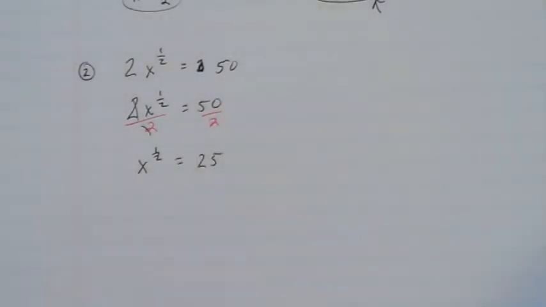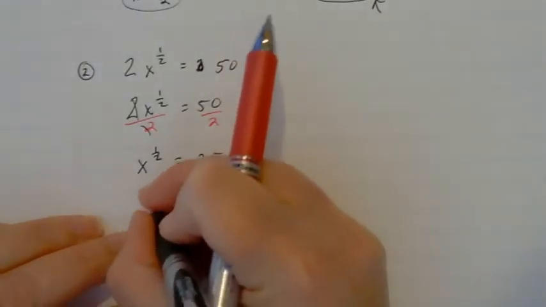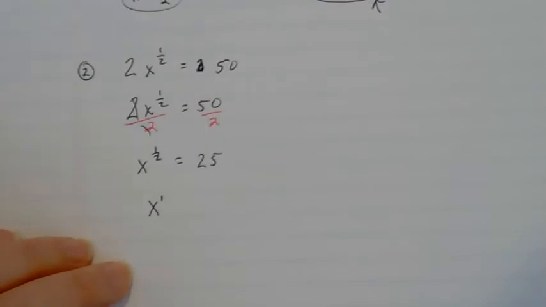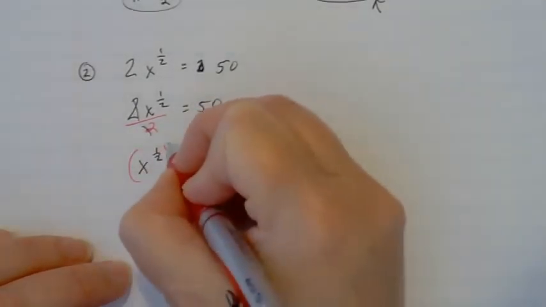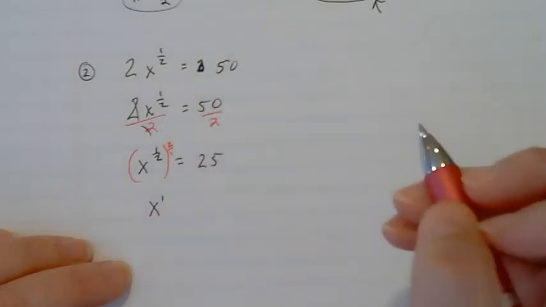Now we have to think about how we're going to get rid of the 1/2 power. Well, 1/2 means the same thing as square rooting. And what I really want to have here is x to the first power. So the thing that would make this be x to the first power is taking this to the 2 over 1 power.